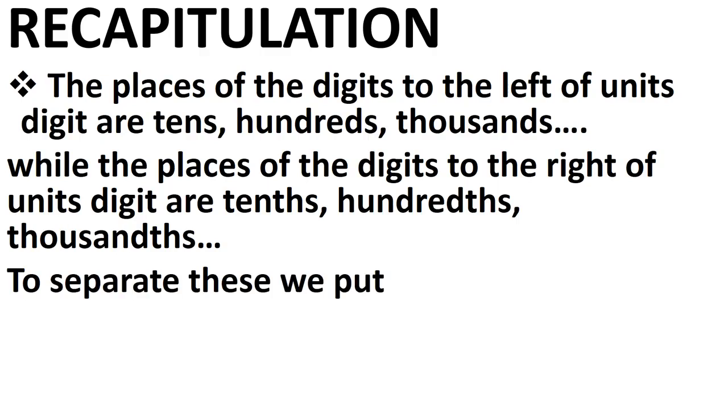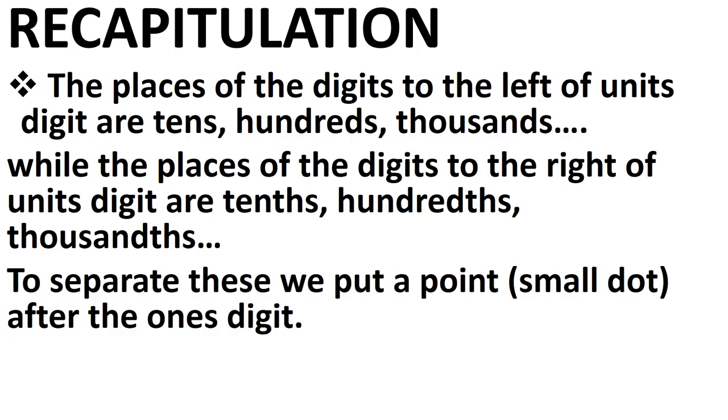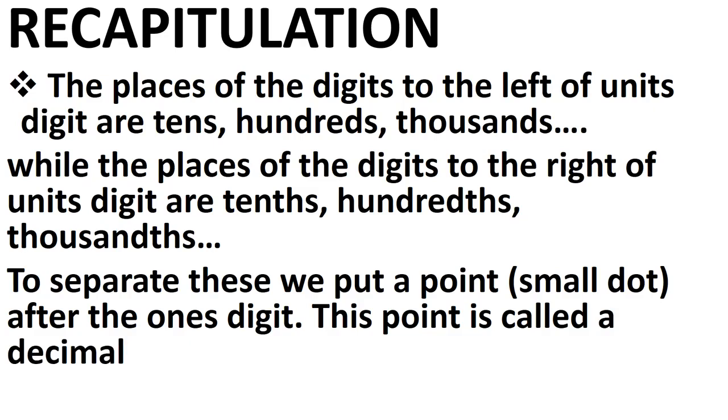To separate these, we put a point, that is a small dot, after the ones place digit, and this point is called a decimal. Clear? To the right hand side of the decimal we have places tenth, hundredth, thousandth, and towards the left we have places ones, tens, hundreds, thousands.